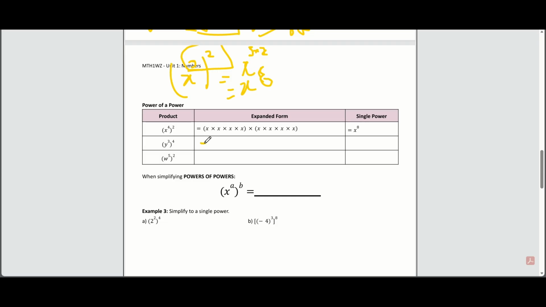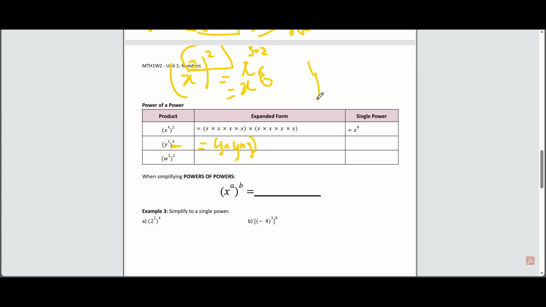Okay, so now we have y to the power of 3 inside a bracket. That means we have three y's, y times y times y, and it's being repeated four times. Do we get this?